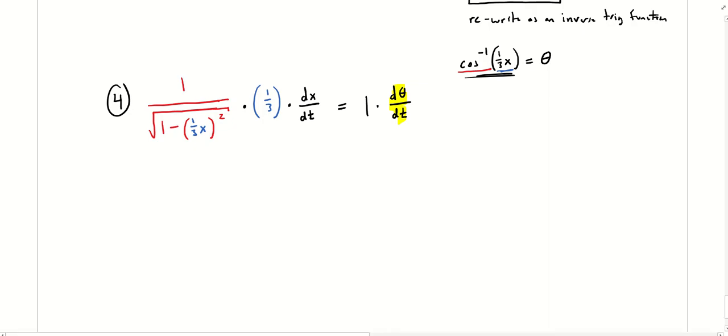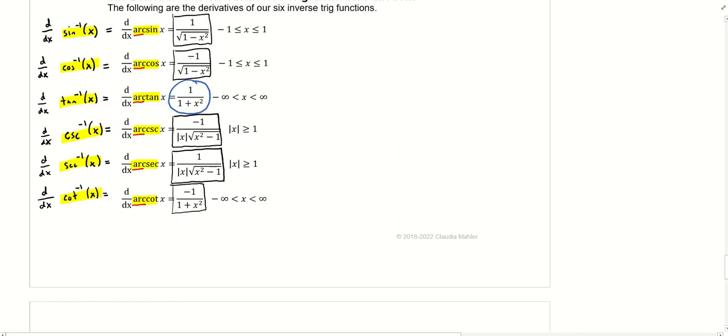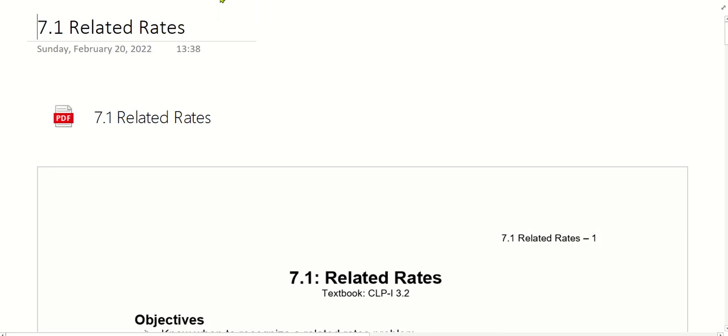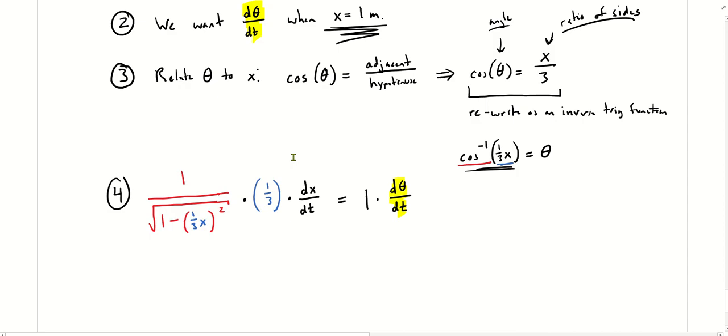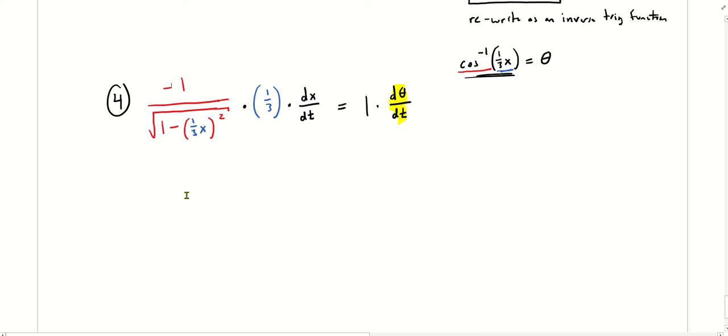So let's see. Oh, I forgot. I already messed up. Let me fix that here really quick. So I forgot the negative for the arc cosine derivative, so this should be negative 1. Sorry about that. Okay, let me simplify this a little bit. So I have 1/3. This 3 on the denominator here, I'm going to put on the denominator of this big square root term here.